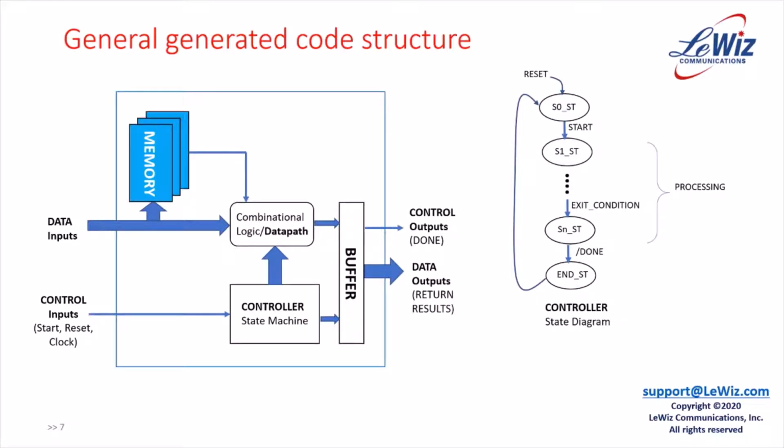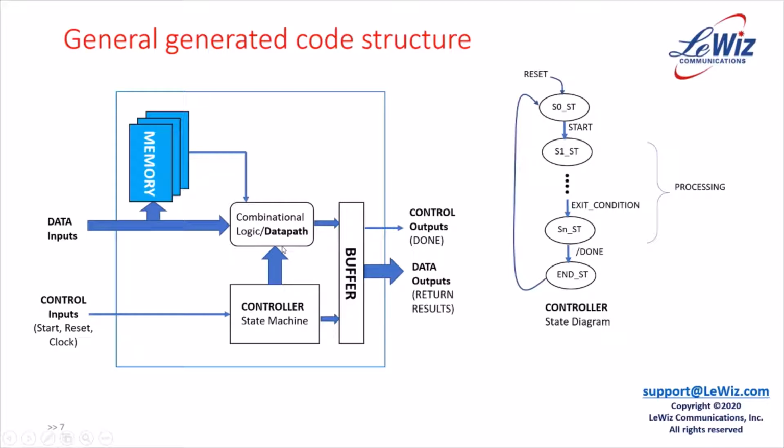In general, the figure on the left-hand side is the structure generated by the tool from C to Verilog. Inside the Verilog code, you will see a controller, which is a state machine, and some combinational logic or data path.